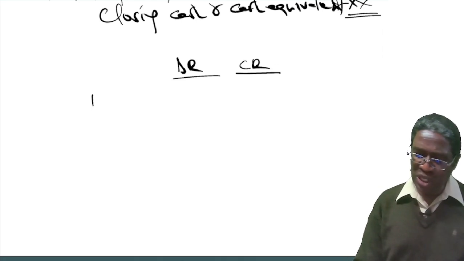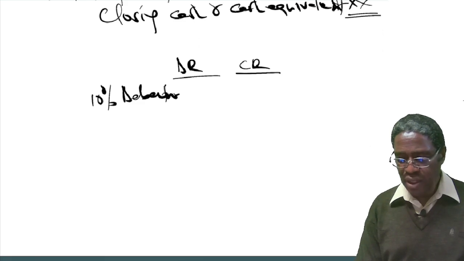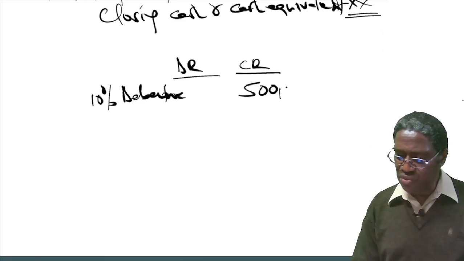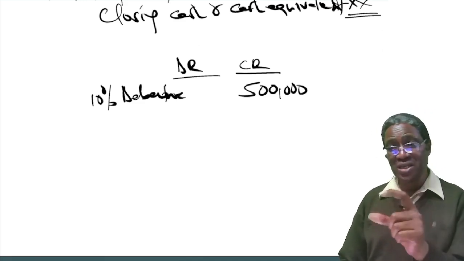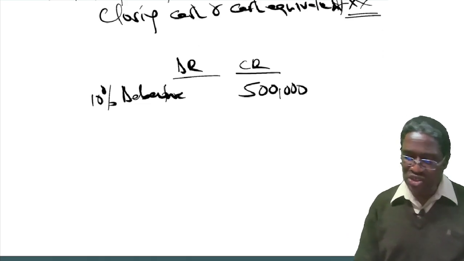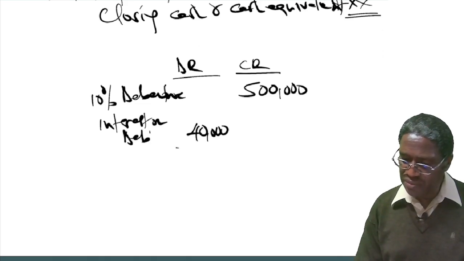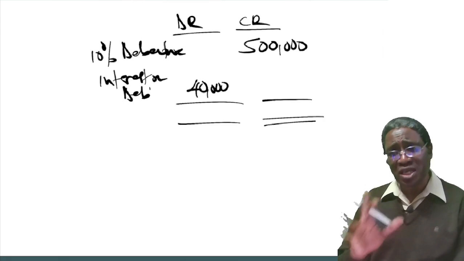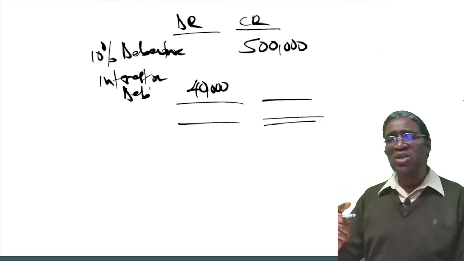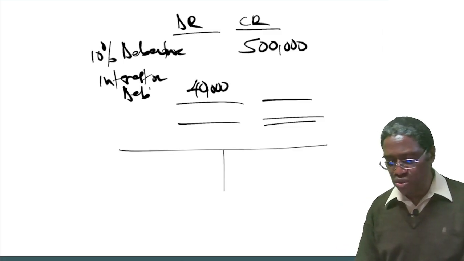In that trial balance, for example, you could have been given a 10% debenture, and let us assume the debentures were worth 500,000. In that trial balance, you have something like interest on debenture, let's assume 40,000. Then, assuming that's all, you are required to prepare an income statement or P&L account. My question to you is this.